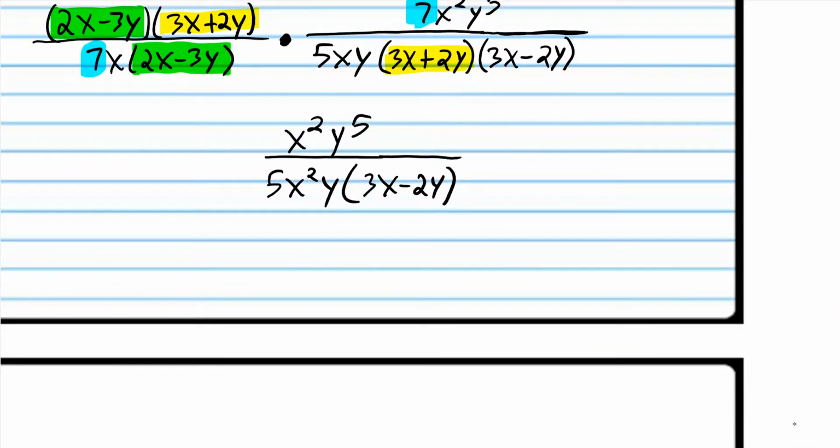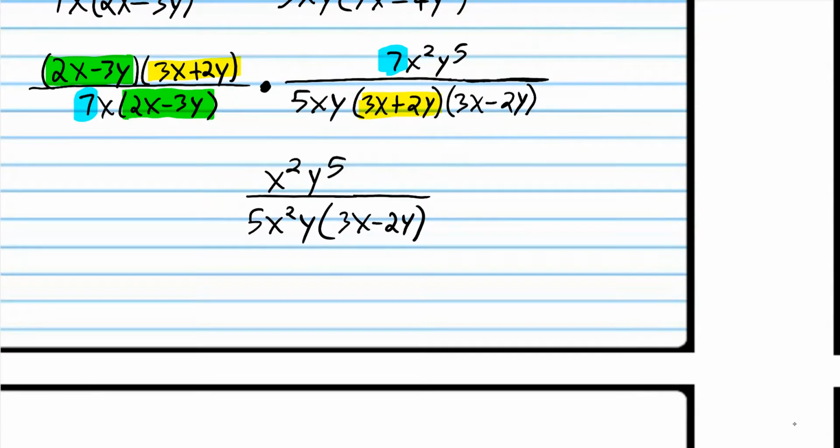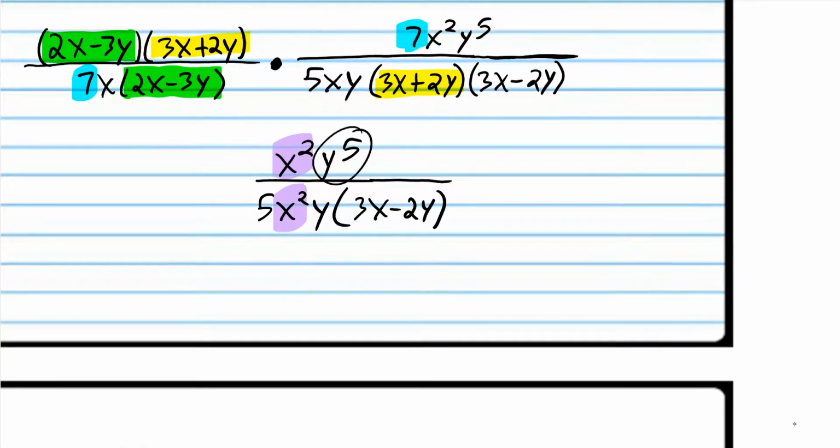You see these x squareds, they cancel out, and we have y to the fifth over y, so the bottom y is going to cancel out one of the y's on the top. So you're going to be left with y to the fourth over 5 times 3x minus 2y.